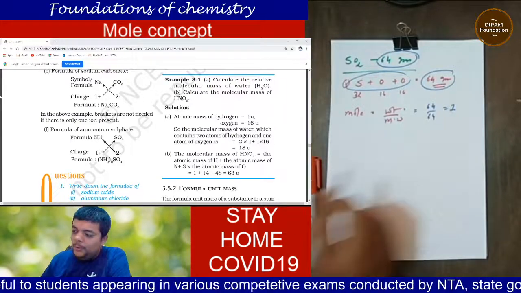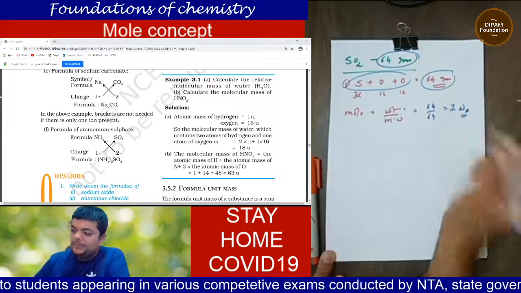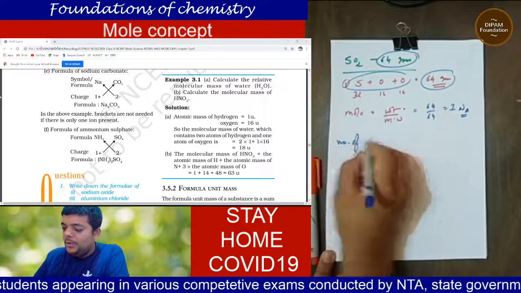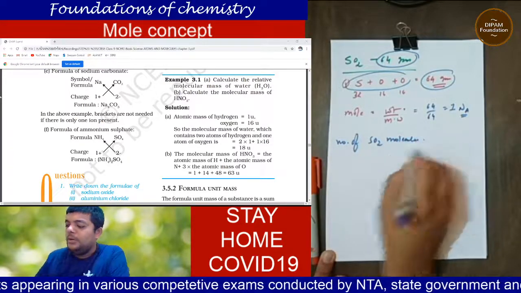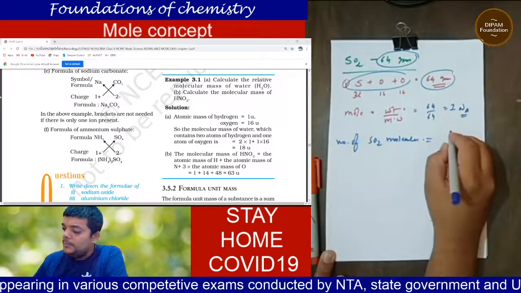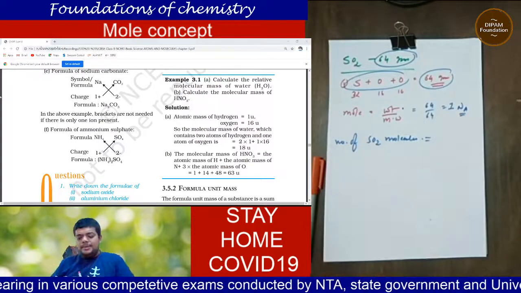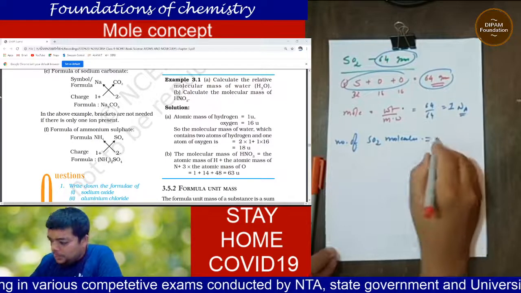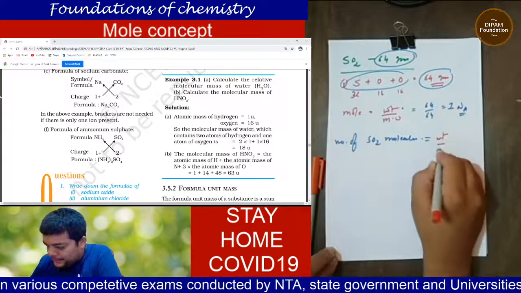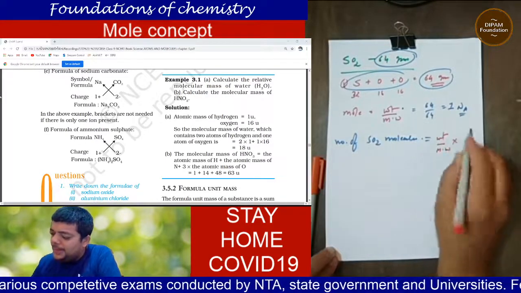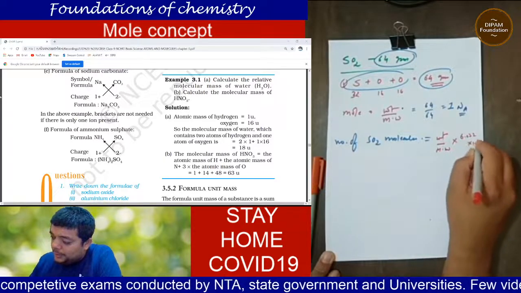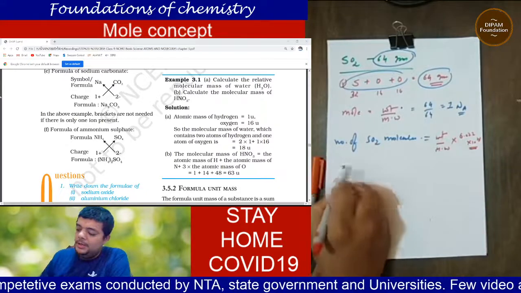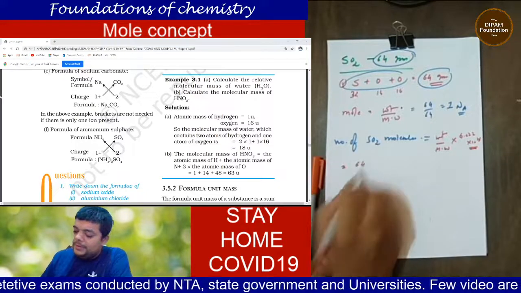So now 1 mole is equal to 1 Na. So the number of SO2 molecules is equal to, you have to do a very simple thing in exam, weight divided by molecular weight into 6.022 into 10 to the power 23. You are given a weight 64.